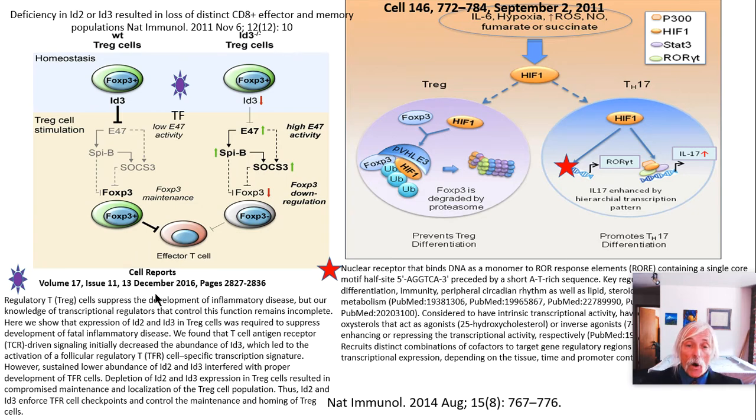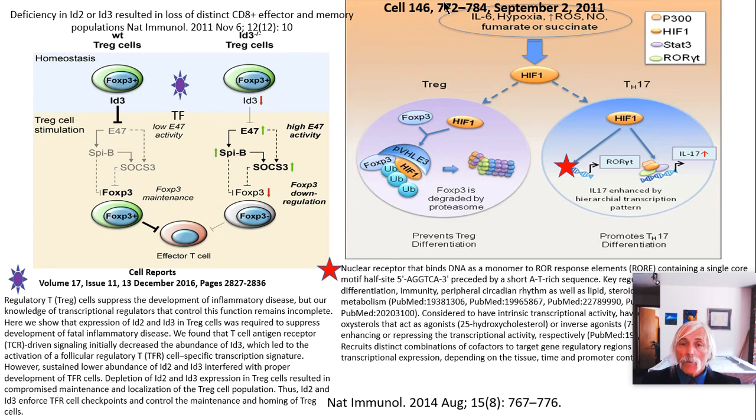So, again, that Cell Reports paper was published way back in 2016. Some of the other things I got from ID2 and ID3, the progenitor to that paper was published back in Nature Immunology in 2011. I want you to look at all of those references because I want you to look them up, and I want you to get the whole global understanding of how I see the regulation of T lymphocytes, because you can see it the same way, of course.